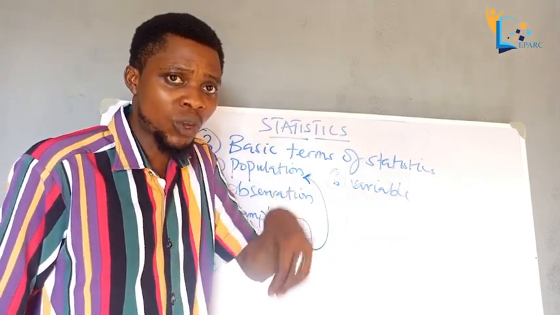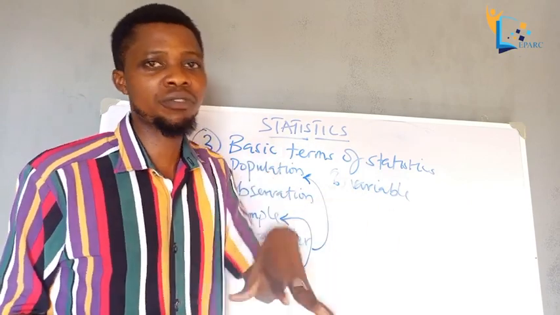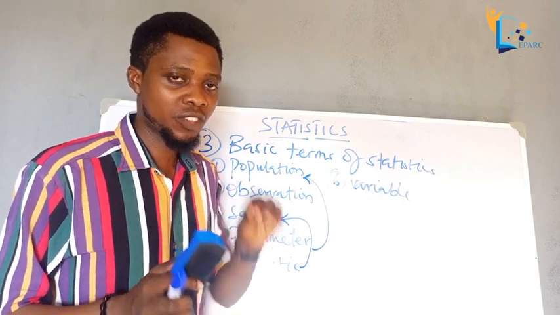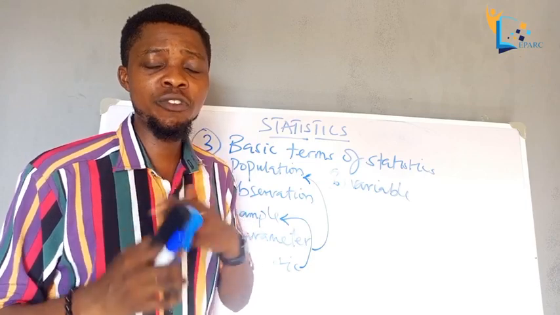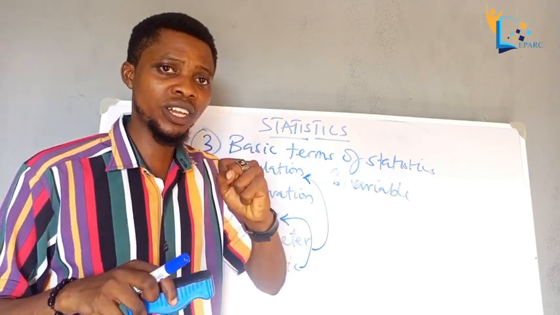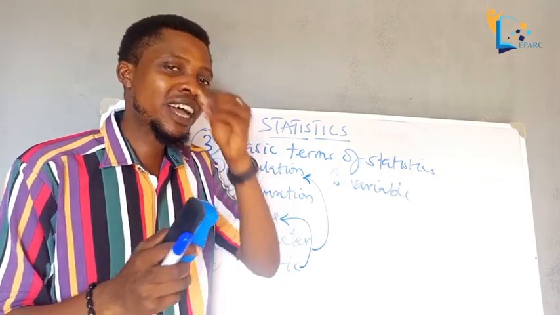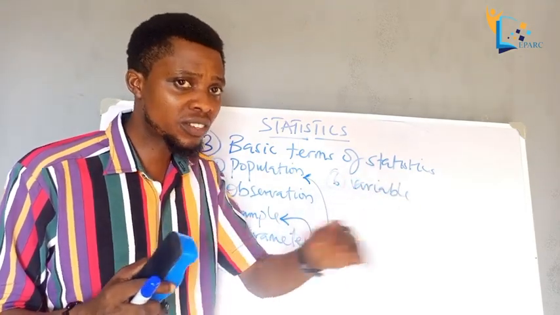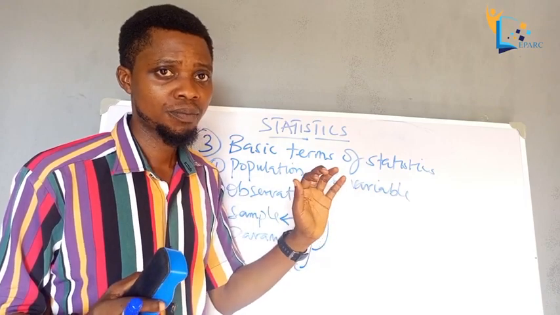While those small business owners are the units of investigation. I don't know if I'm making sense. Let me come again. If we are trying to investigate the daily income of small business owners in Phase 4, Kubwa, Abuja, that income we are trying to investigate is our variable, and it varies among the small business owners.